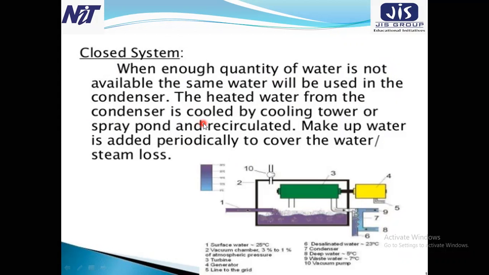So in that condition, we have to use this closed system. The heated water from the condenser is cooled by a cooling tower or a spray pond and circulated. Makeup water is added periodically to cover the water and steam losses. So that's all about the closed system.